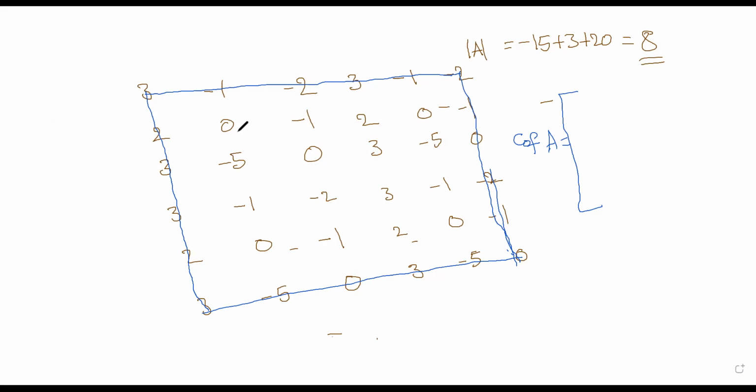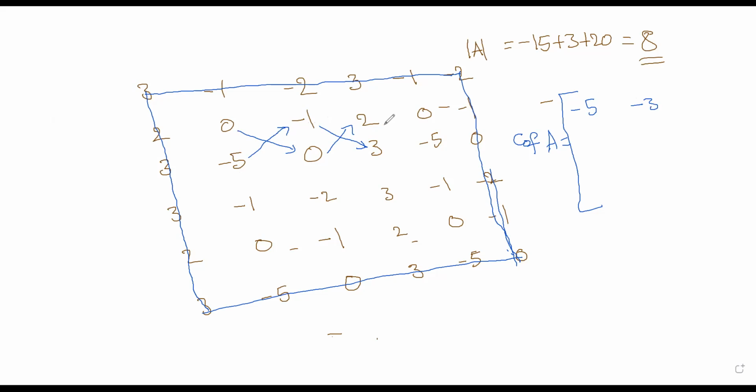Okay, what we do? You just have to do AD minus BC everywhere. 0 minus 5, so the first element is minus 5. Next, the second element, like this, so this is minus 3.